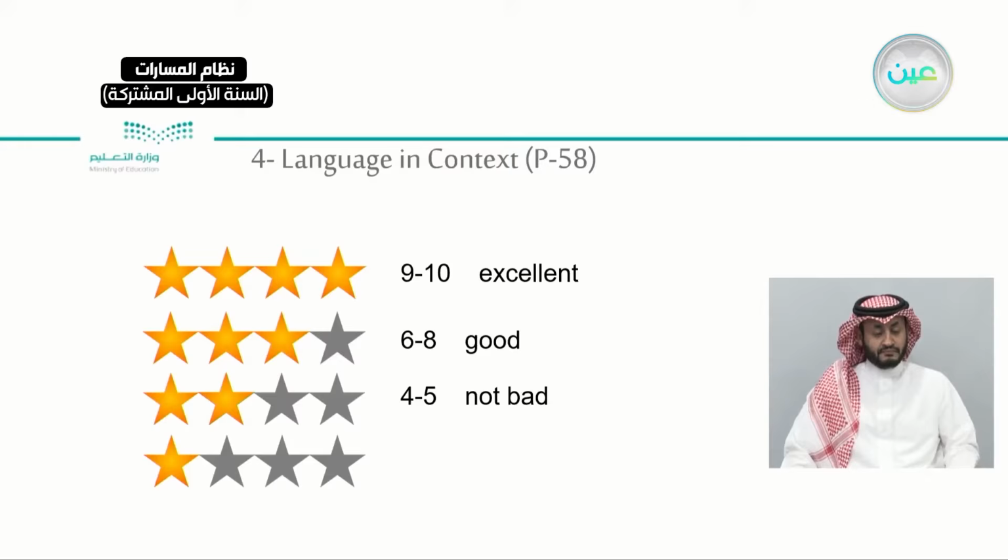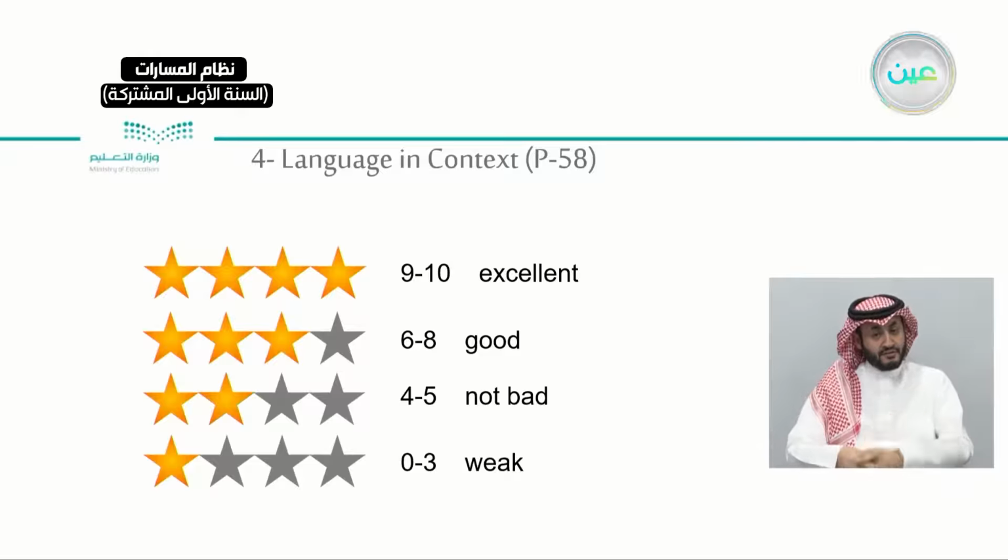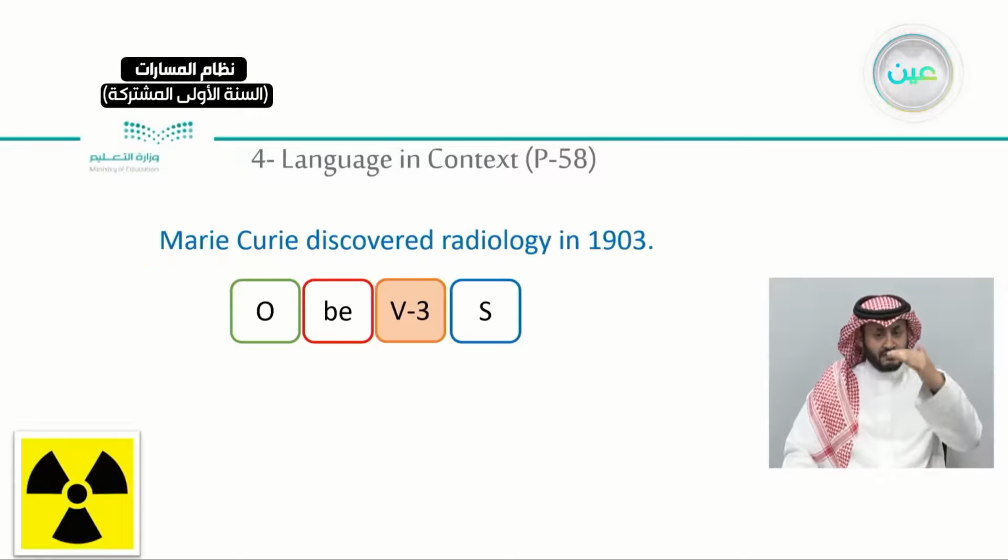And if you have 4 to 5 answers or 6 answers wrong, you need to read more and educate yourself much more. However, if you have 0 to 3 answers right, your mistakes are higher, so you must read more and educate yourself. The more you read, the more general knowledge you will gain.